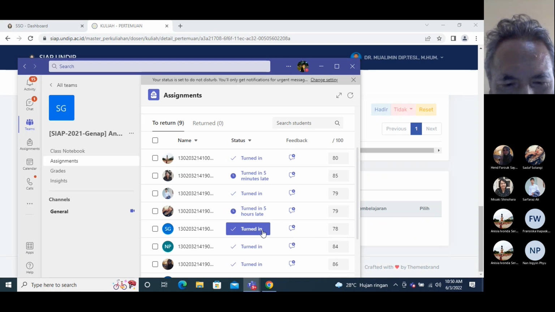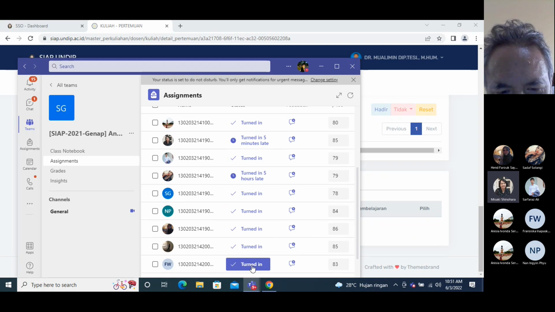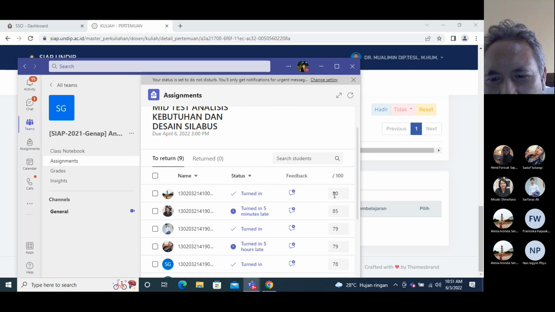Stella turned in. Hazel turned in, and this is hand-written. Nurul Ismail turned in. Francisca turned in. So everybody turned in, and the mark might be from Budeli.